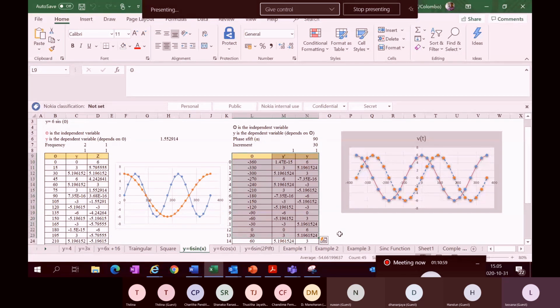Here I have two graphs. Let me remove one graph here. All right. Now this is a sine wave. This is a simple sine wave.